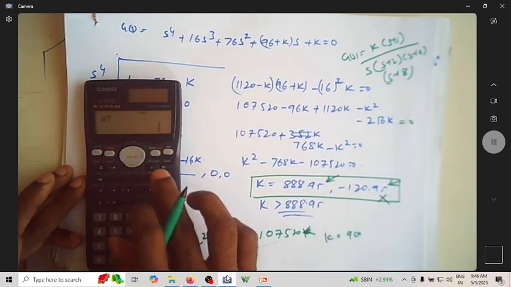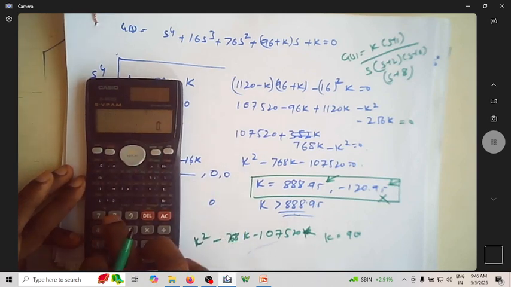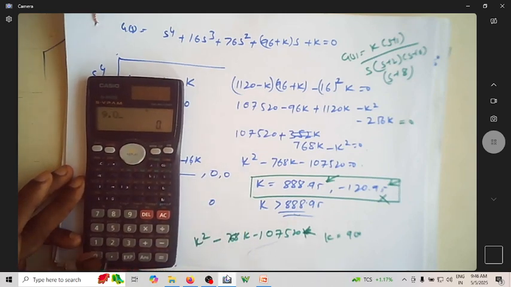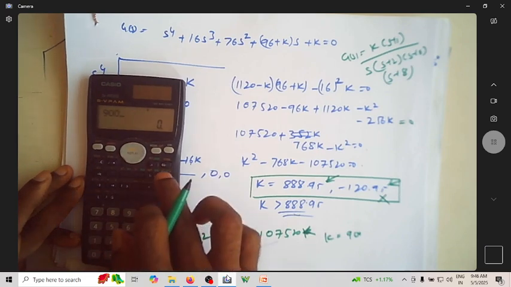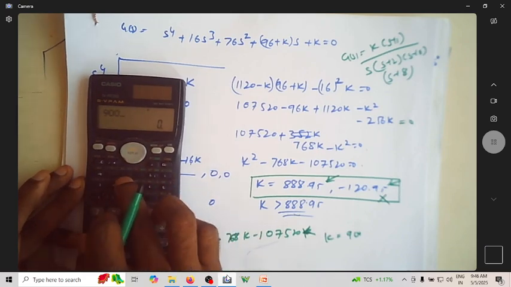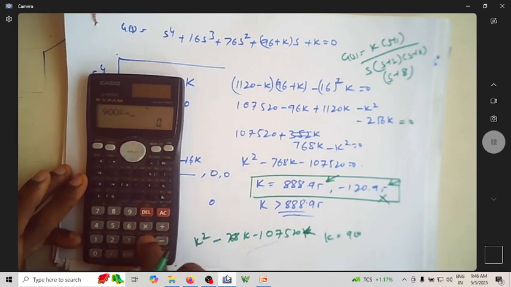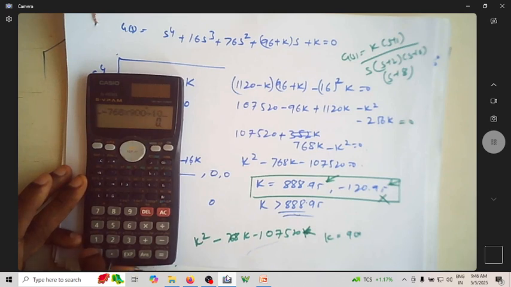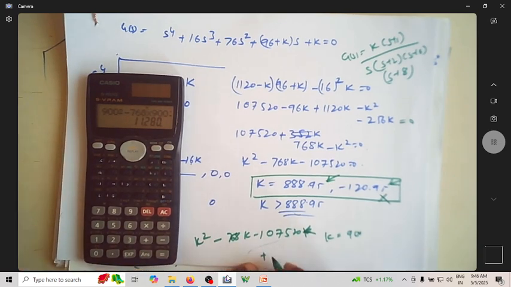If I give k as 900, it is 900 square minus 768 into 900 minus 107,520. It's coming out to be positive.